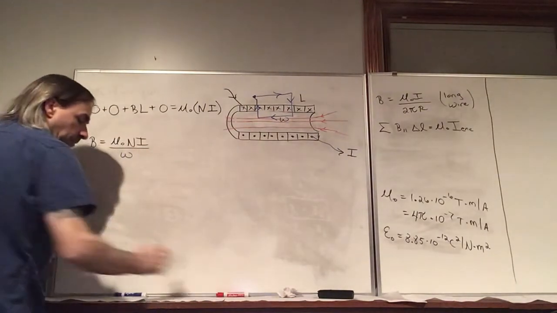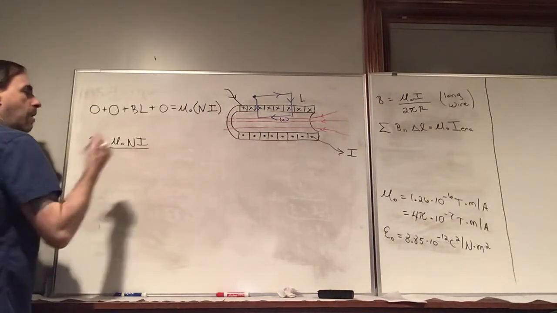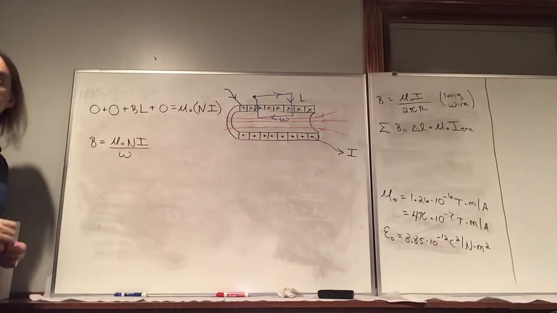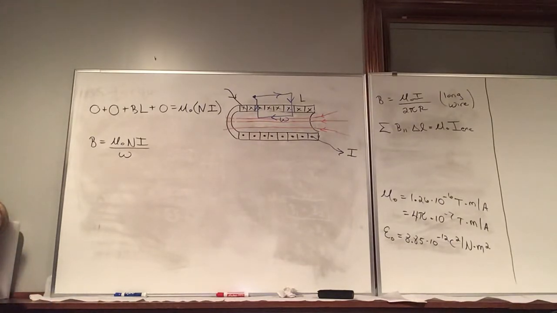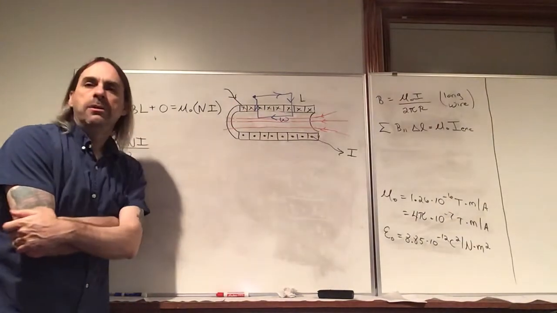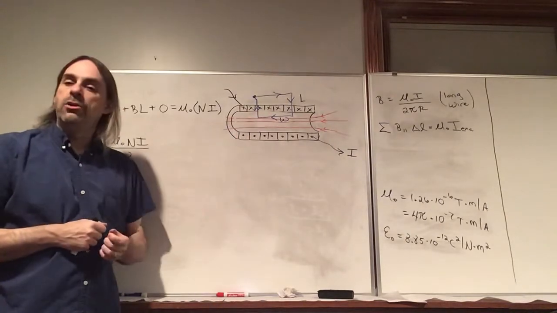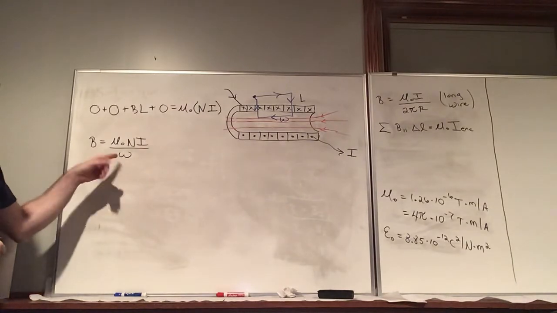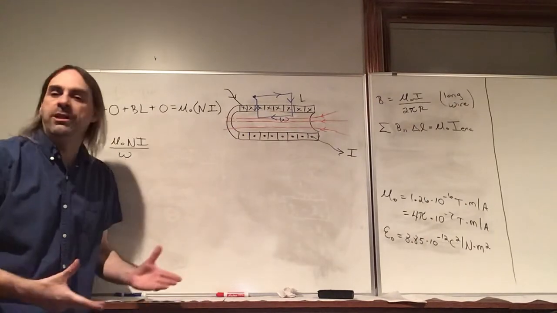I'll change that later, but for now, we'll call this W because that's the length of that line segment of our Amperian loop. Now, when you look at this result, you want to be a little bit cautious. Remember, we have an actual solenoid, and we want to know the magnetic field inside, and what we get here depends on W, where W is the width of this Amperian loop that we just made up.